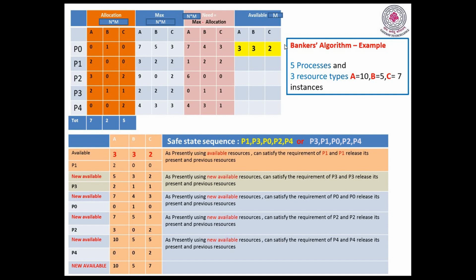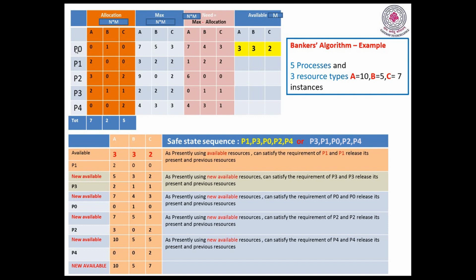Look here, freely available 3, 3, 2 and P0 still needs resources 7, 4, 3. So now I want to verify whether it is fulfilling the requirement or not, what resources are really available with the system. 7 less than or equal to 3, A type resource, condition false.